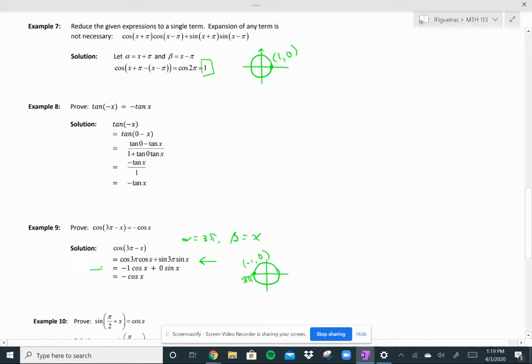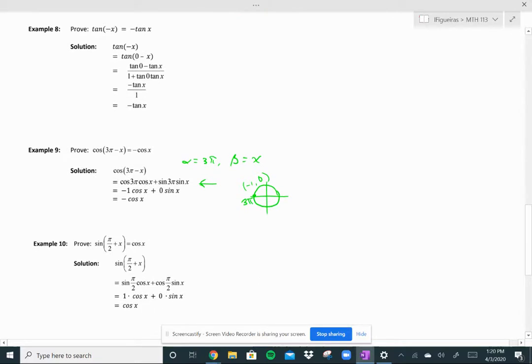So here I have negative 1 cosine of x. The sine of 3 pi, well, that's the y value here on the unit circle. So that's 0. So your answer is equal to negative cosine of x, which is what you had to prove. So you're done there. Okay, we'll do another proving problem.